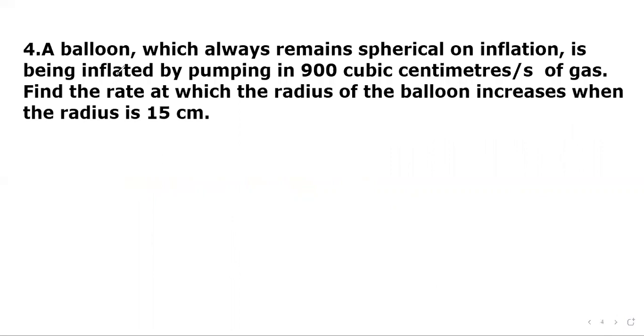Let's see the next question. A balloon which always remains spherical on inflation is being inflated by pumping in 900 cubic centimeters per second of gas. Find the rate at which the radius of the balloon increases when the radius is 15 centimeters. Here, the volume change is given, dV by dt equal to 900 centimeter cube per second.